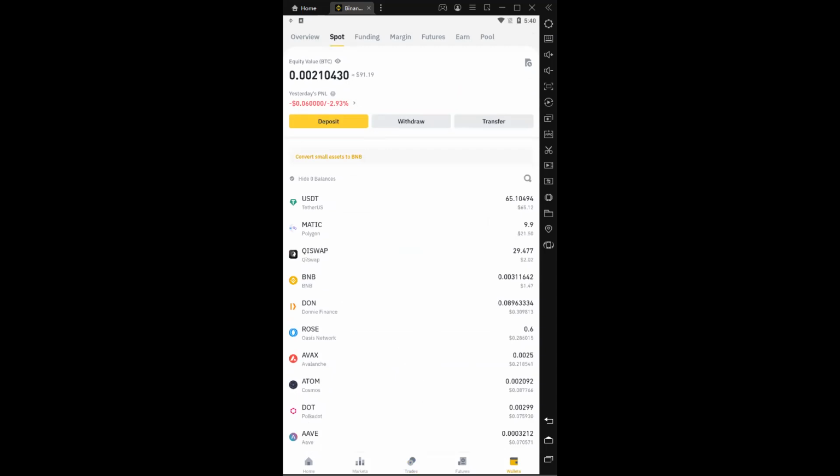It only gets sold off to USDT if the price meets any of these conditions. If it gets less than or equal to $2, it will sell it off. Or if it gets to $4 first before getting here, it will sell it off at $4. So that is how OCO works.